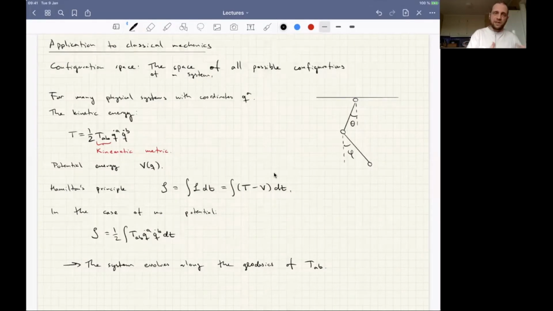If there's a potential, then we have an external force acting on the system, and so you do not move along these geodesics. But instead, the change from the geodesic is going to be given by the external force. Any questions?